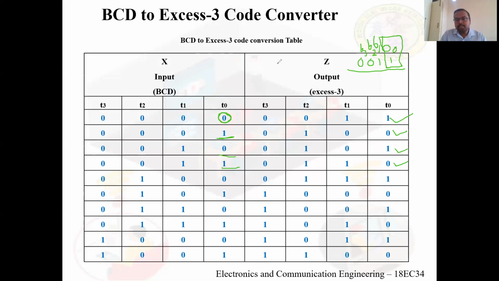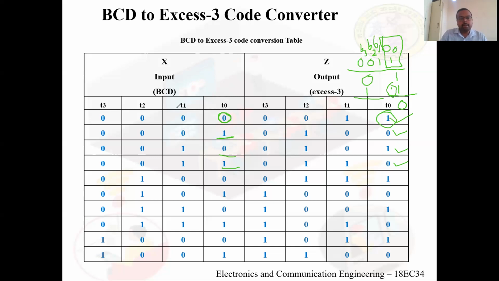If B0 is 0, and we add 1 to it, what we get now? 0 plus 1 will be 1. If B0 is 1, and we add 1 to it, what we get? 0 here, and the carry will be 1 here. So for all these combinations, if it is 0, the output is 1, and when it is 1, it is 0.